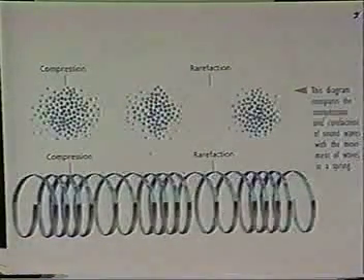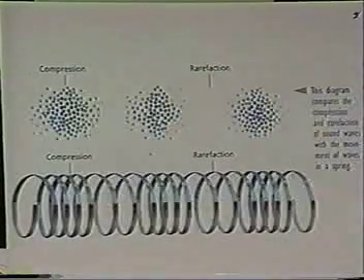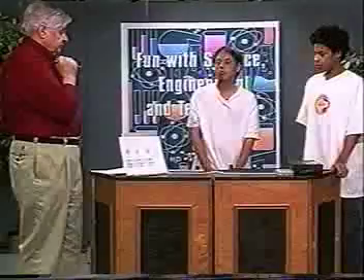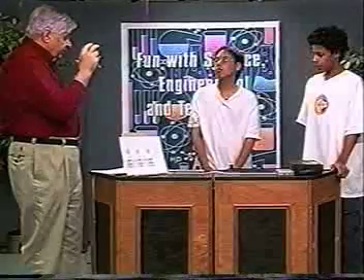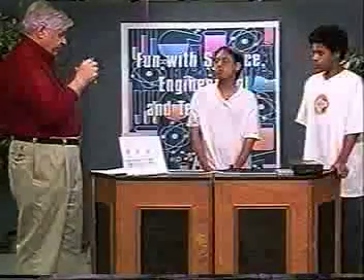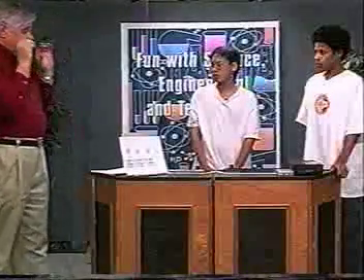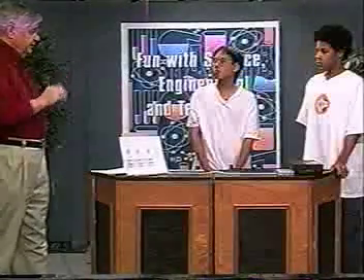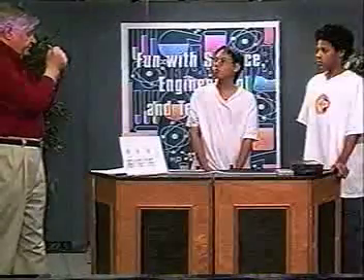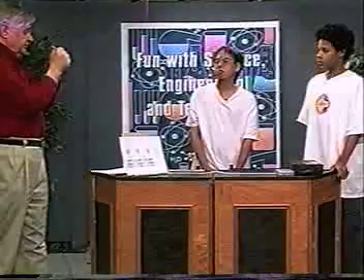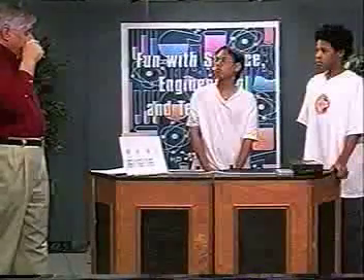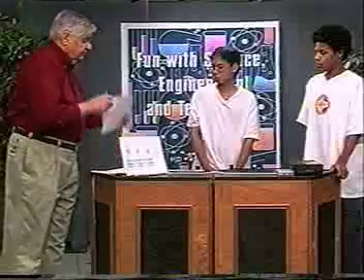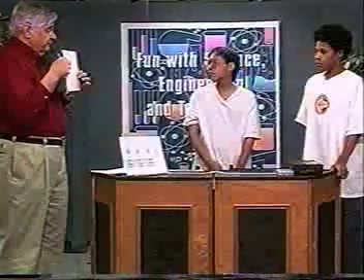Now, the more molecules we squeeze together, the higher the air pressure. Where we have fewer molecules in a given space, the lower the air pressure. So as the sound wave goes past your ear, we get high pressure, low pressure, high pressure, low pressure. Inside your ear, there's a little diaphragm that is able to move back and forth like this.